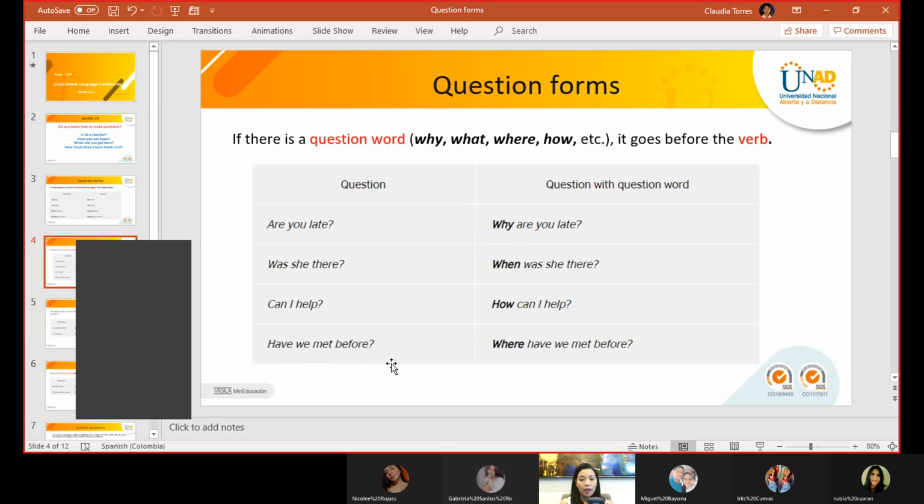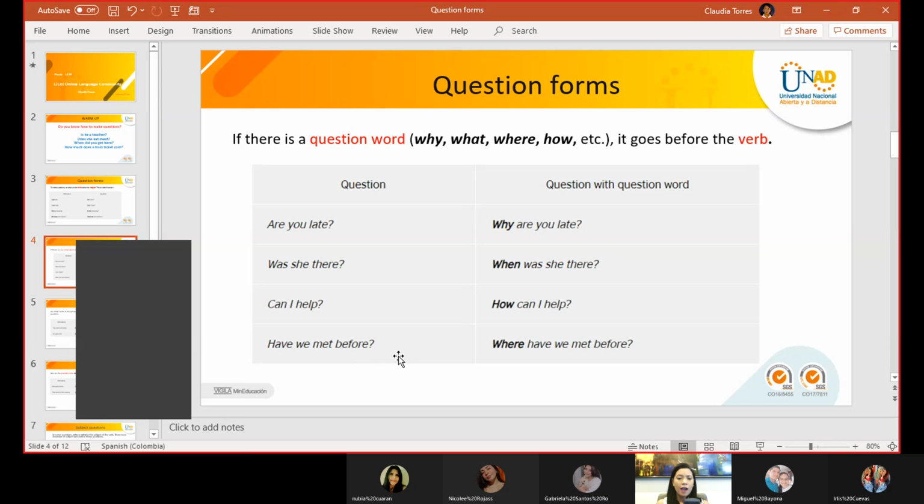And the last one, "Have we met before?" Remember, this one is present perfect. And the answer could be yes, we have, or no, we haven't. And then here, where? You're asking about a place. So where have we met before? Maybe we have met before at the party, or we have met before at school, right?